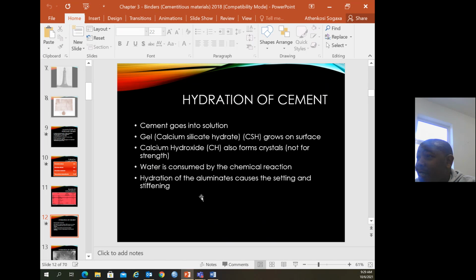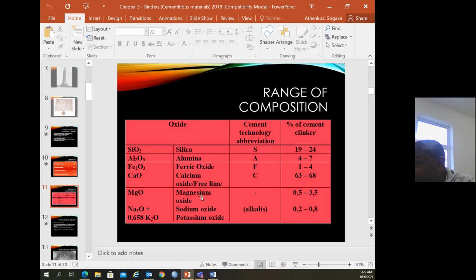Then the hydration of cement. How does the cement get hydrated? If I come back to this one, you have these oxides: alumina, ferric oxide, calcium oxide, magnesium oxide, and all these.